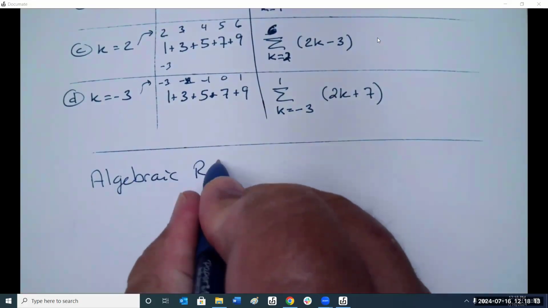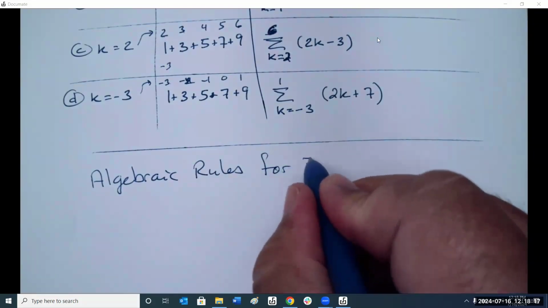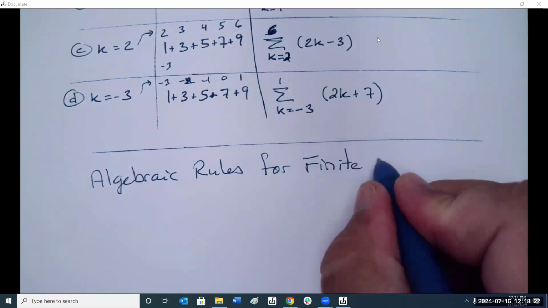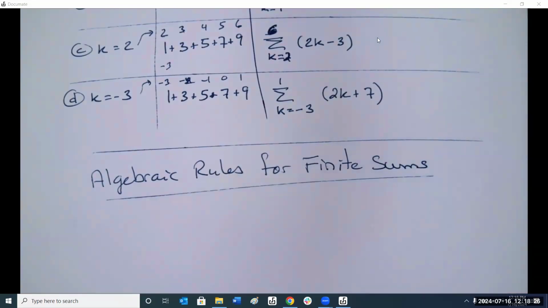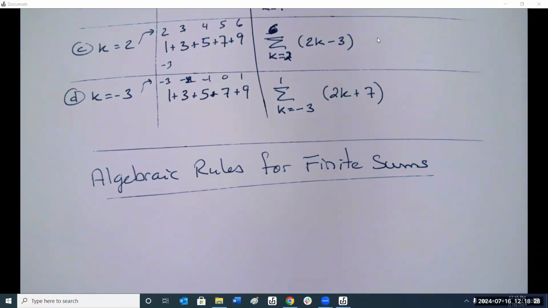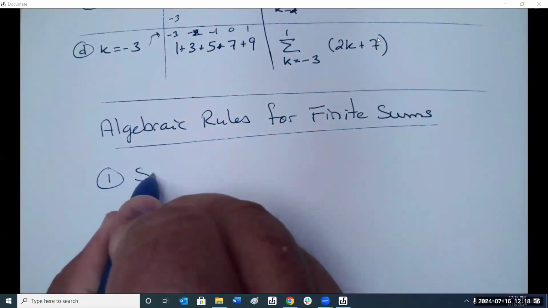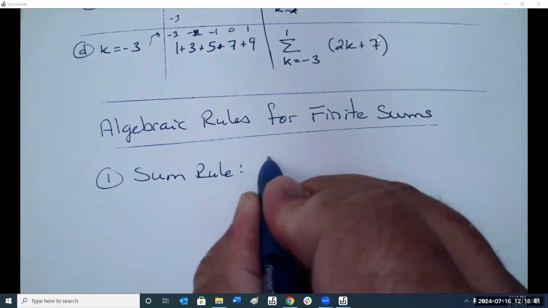The algebraic rules for finite sums. When we say algebraic rules, what do we mean? Add, subtract, multiply, divide, those kind of things, the binary operators. We always have a sum rule that says this.